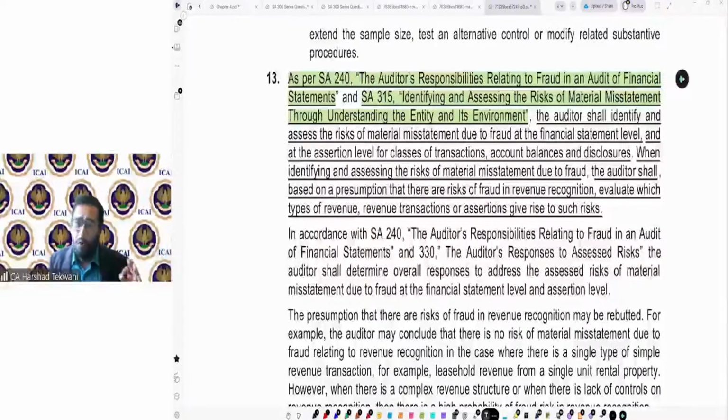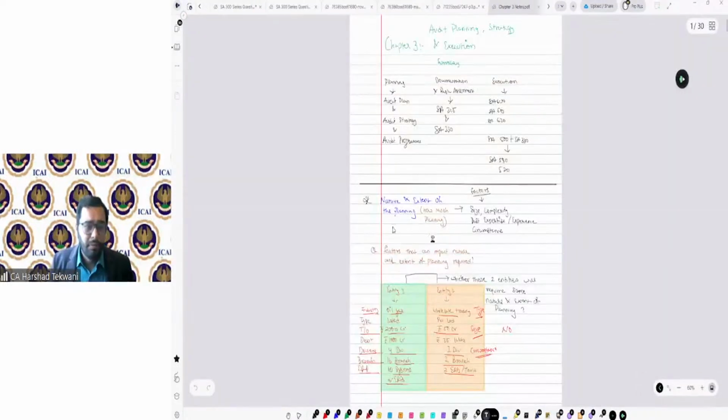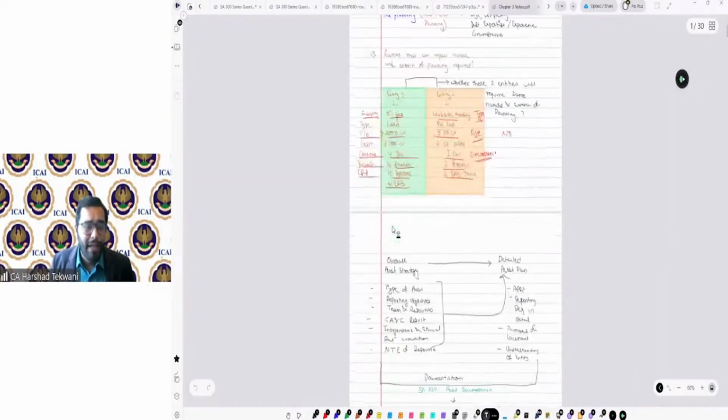If I go back to the particular lecture when I was discussing fraud, we discussed two types of risk that were presumptive, like, to be presumed that they are there. By default, they are there.